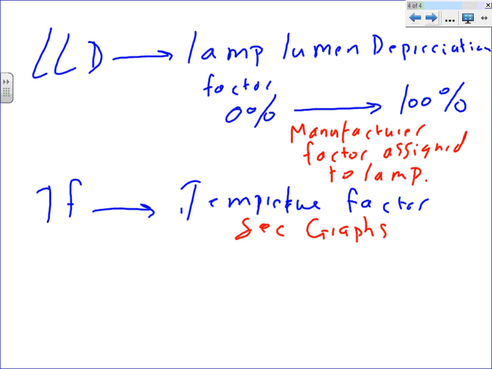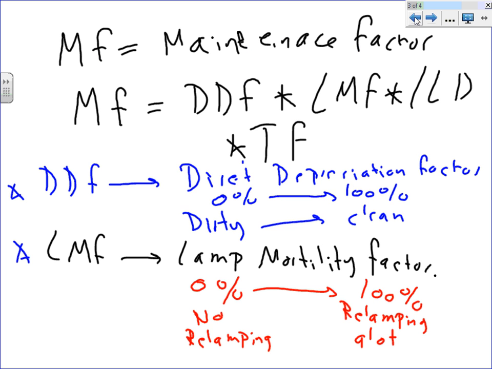When you put all these factors together, guys, and you multiply them, you get what we call the maintenance factor. Long story short, in the software, guys, LLD, lamp lumen depreciation factor, you put this one. There's a couple of other factors.